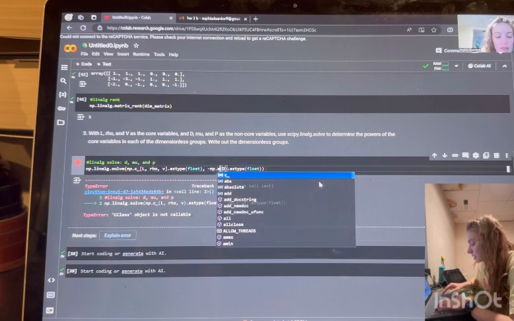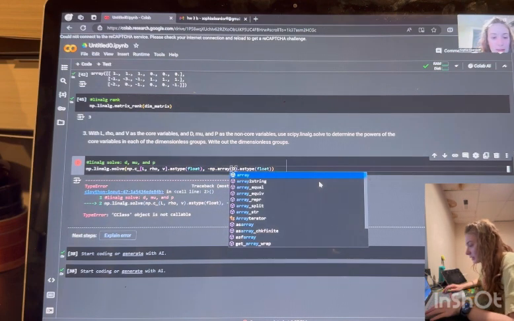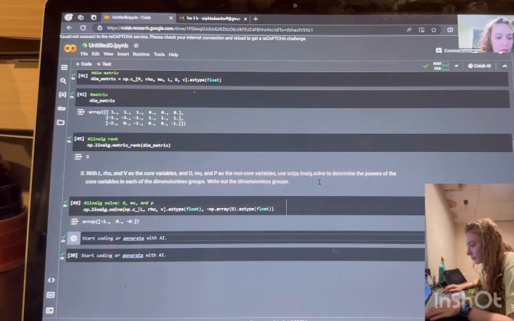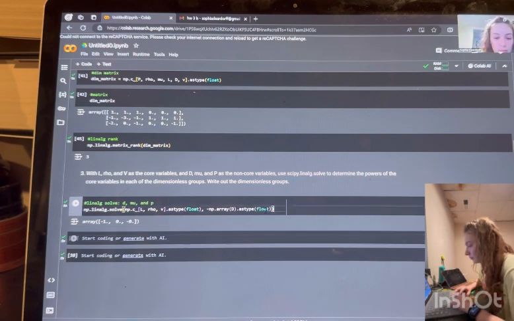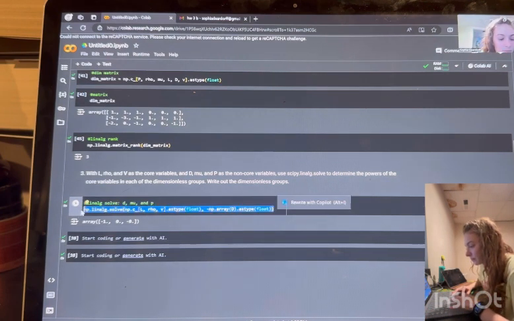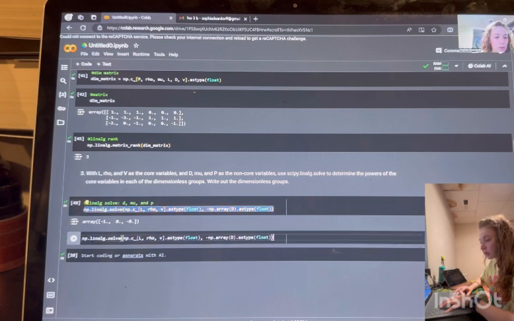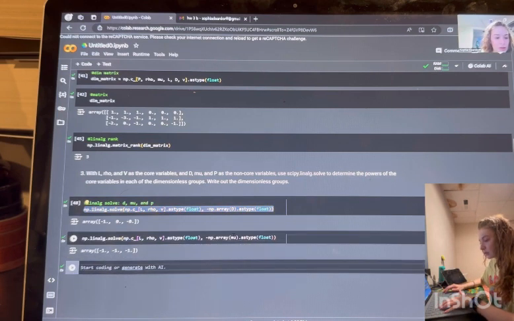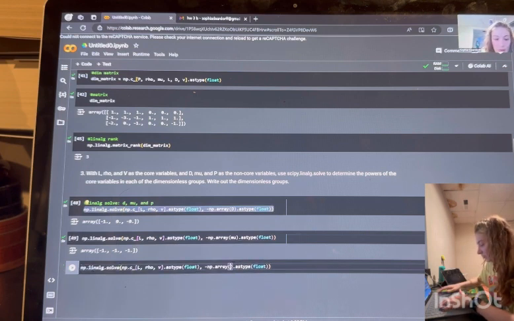Oh, this one's not .c again. It's array, I think. Okay, there we go. And then I'm actually just gonna copy this and then plug in for mu, because it's the same setup. And then again, plugging this in for p.